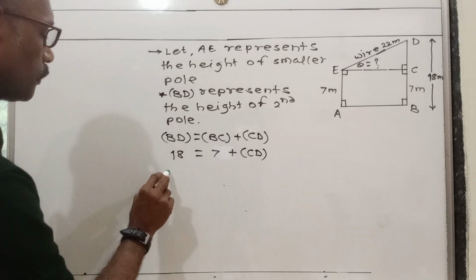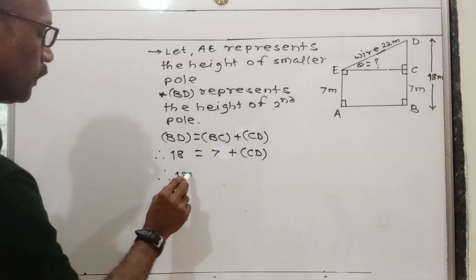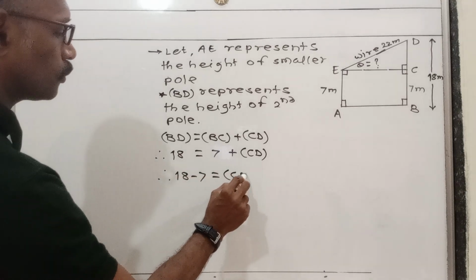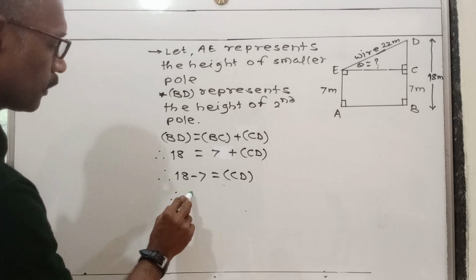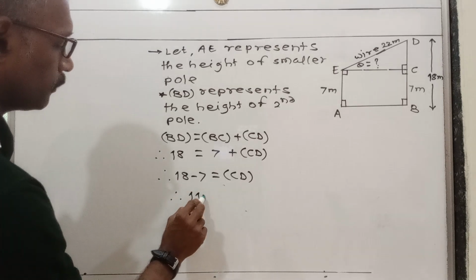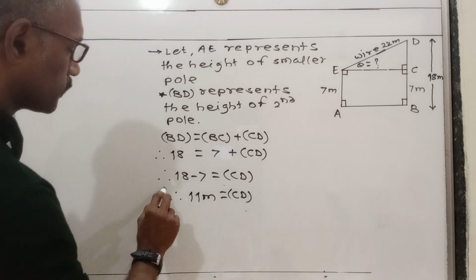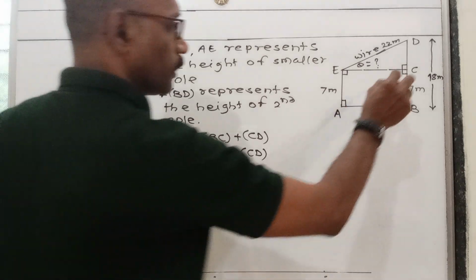Now we take 7 to the left side. Therefore 18 minus 7 is equal to CD. Therefore 11 meter is equal to CD. Means CD is 11 meter.